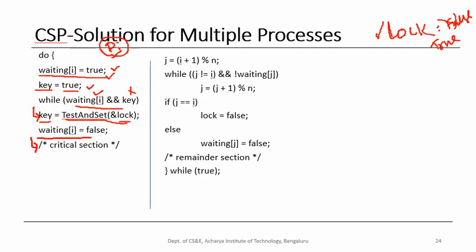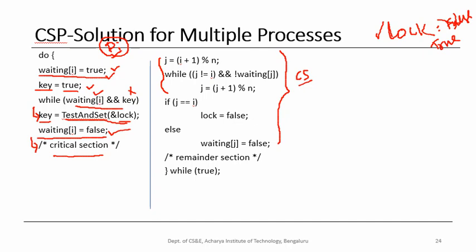Before that, now its waiting is over, therefore it makes waiting[i] equal to false, and it goes to the critical section. I'm going to explain this section a little later, but while coming out of the critical section, it will select another process which is waiting to enter into the critical section, as we have written here.